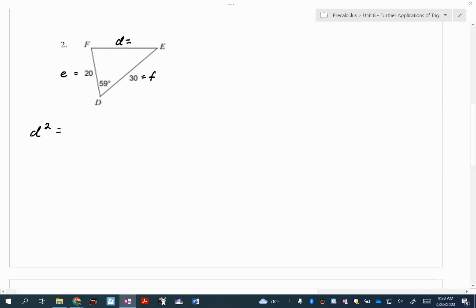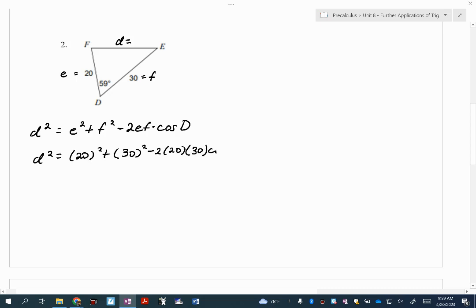to find side length D, which is going to be D squared equals E squared plus F squared minus 2EF times the cosine of angle D. So I'm trying to find D squared, and E squared is 20 squared, plus F squared is 30 squared, minus 2 times 20 times 30 times the cosine of 59 degrees.